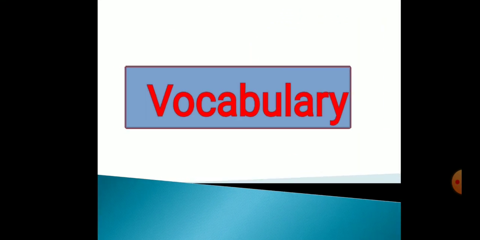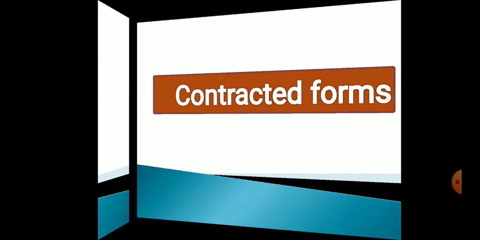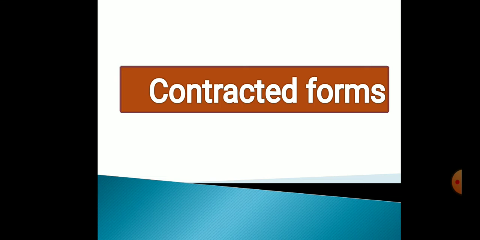Today we are going to learn about vocabulary, and the new topic is contracted forms. Contracted forms means we have to contract two words into one word. The second meaning of contracted form is abbreviation.